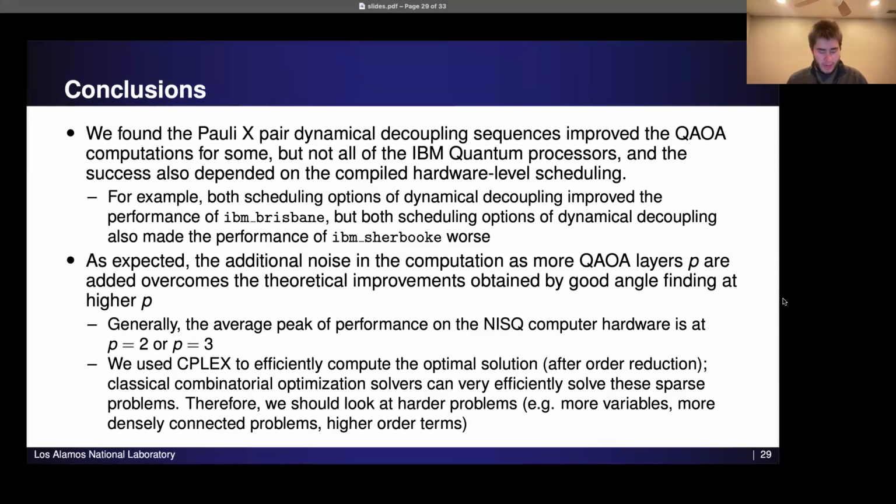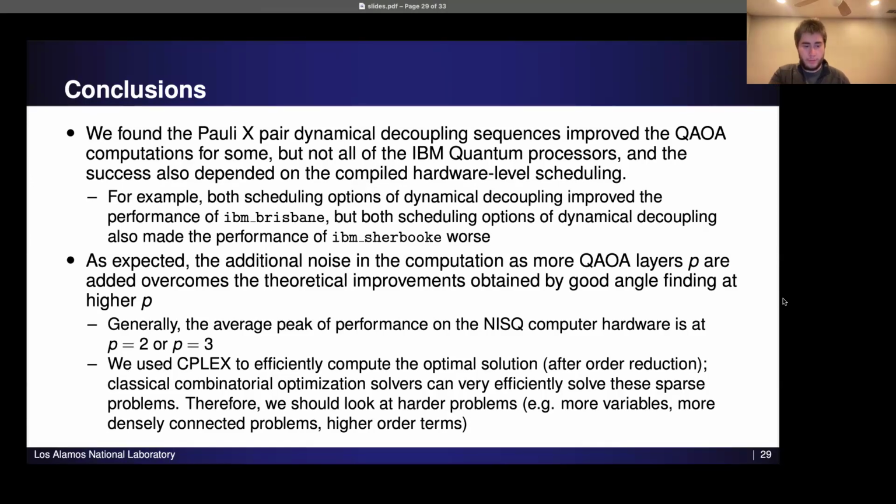For example, the IBM Seattle results that I showed, that's 414 qubits, but because they're so sparse, you can still use, for one round, something like MPS simulations to compute the QAOA performance quite well.